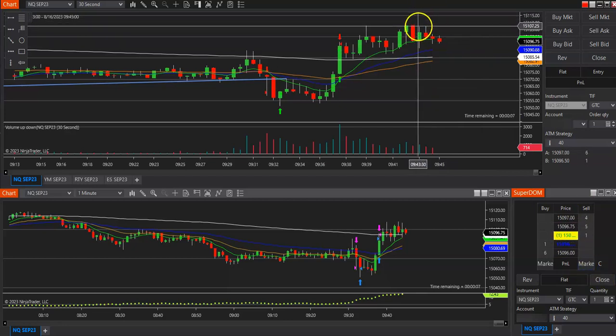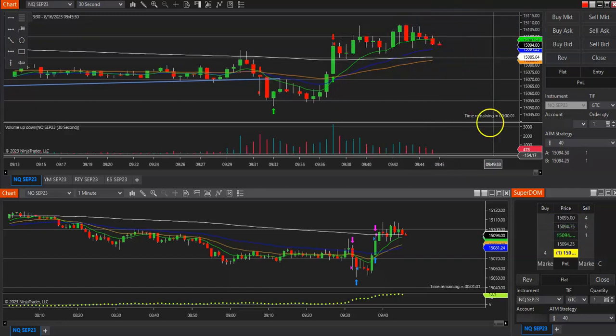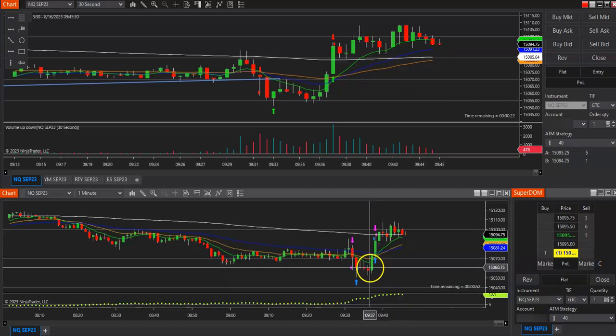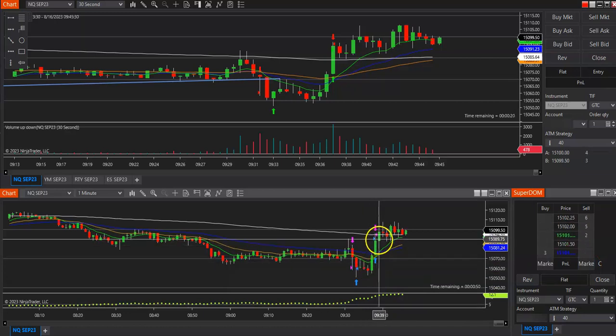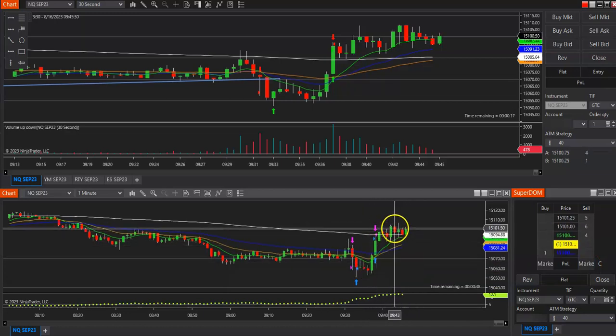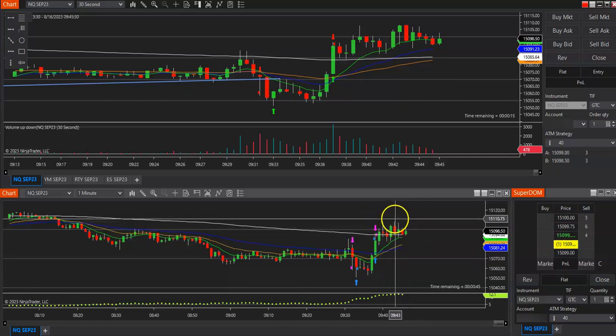Or maybe not. Or they break this area here and then continue and use it as support. So one way or another, we shall see. But if you look at this 1 minute down here, you get a nice little push and it's a nice little flag going on here.